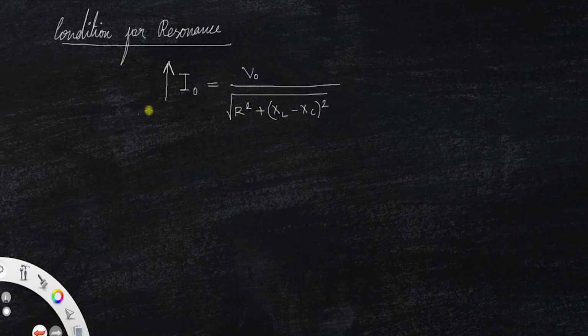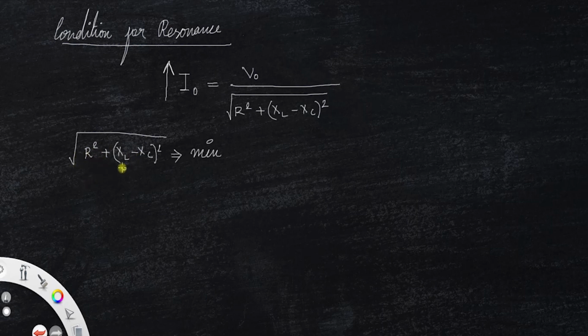And when I has to be maximum, the denominator must be minimum. That is, root of R square plus XL minus XC whole square must be a minimum value. Clearly this XL minus XC cannot be negative, because there is a square here. Since there is a square, both of these terms will be positive.